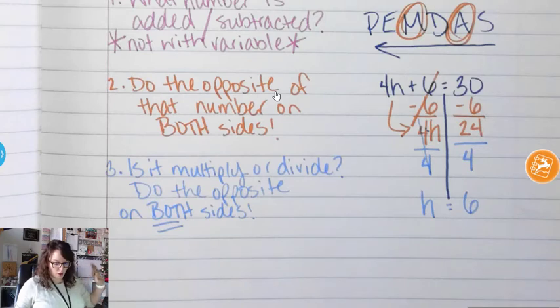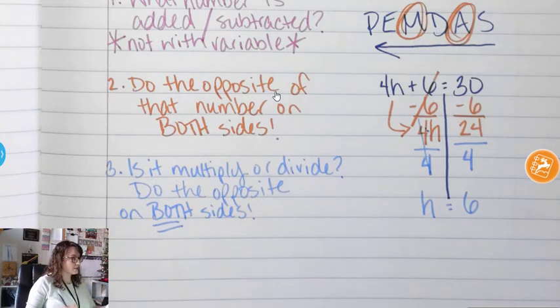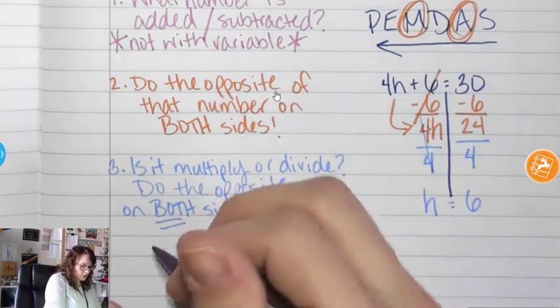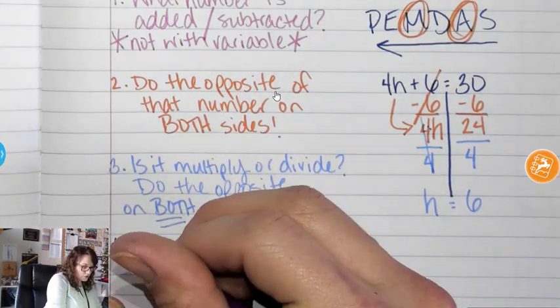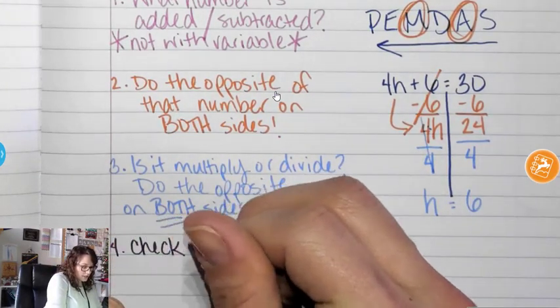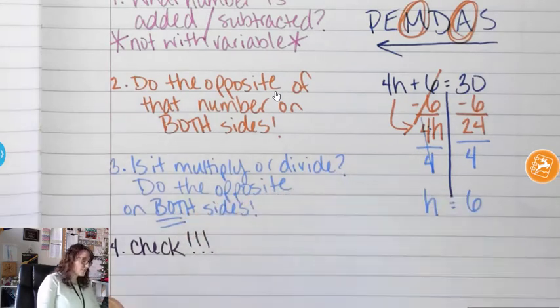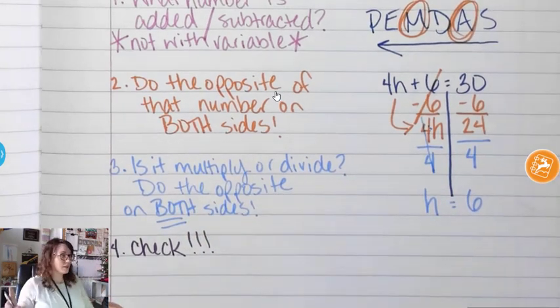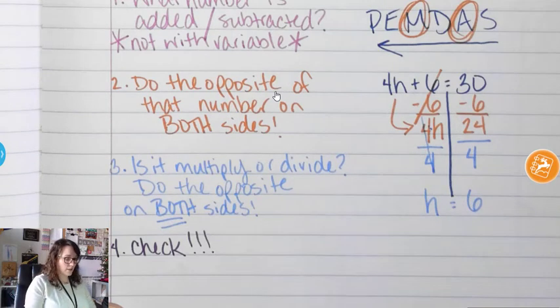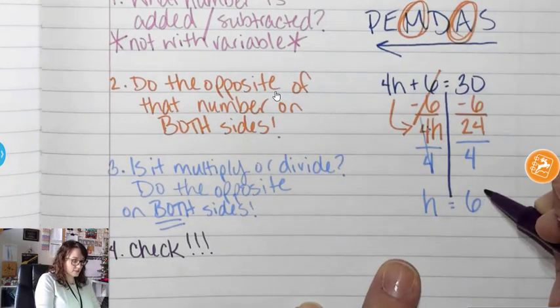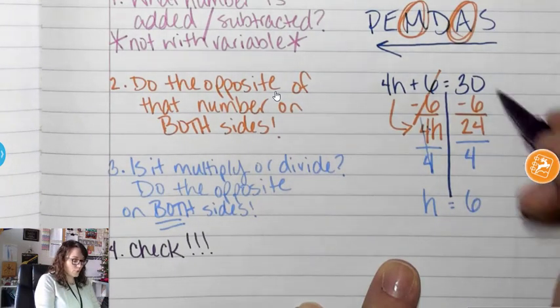Now, all day long, when you ask me, hey, Miss Barnes, is my answer right? I'm going to tell you. Check it. So your last step is to check. Because you have the ability. This is what's cool about algebra. You have the ability to know if it's right. So you take 6. You put it where H is.